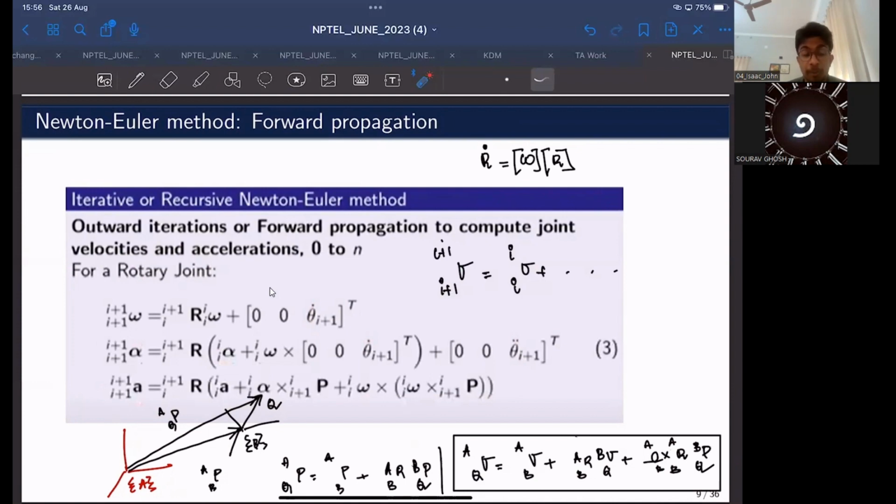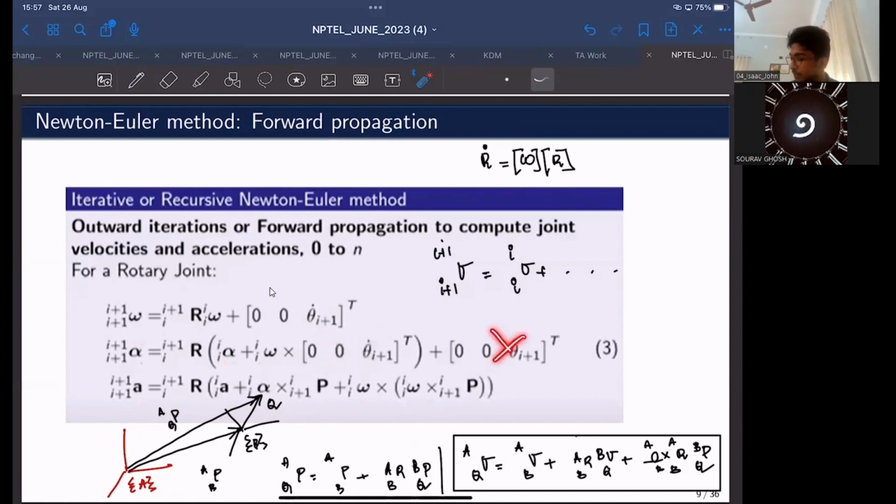But a prismatic joint does not have this term. It does not have theta. It has a linear movement, not an angular movement. So in case of a prismatic joint, this term vanishes, and in this expression, this term also vanishes.